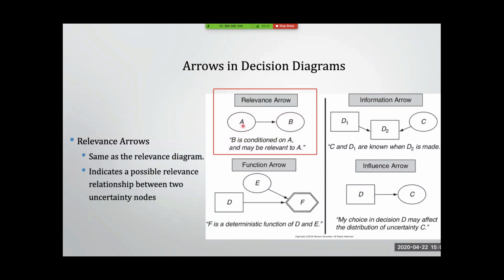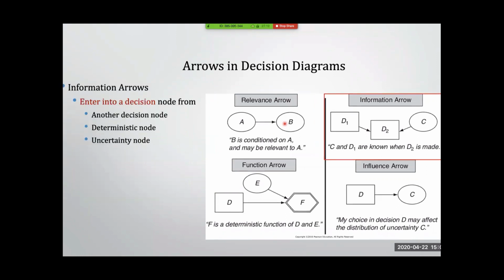It needs to come out of uncertainty and go into uncertainty. Or in other words, an arrow that connects 2 uncertain nodes is called a relevance arrow, and it represents the possibility of relevance.